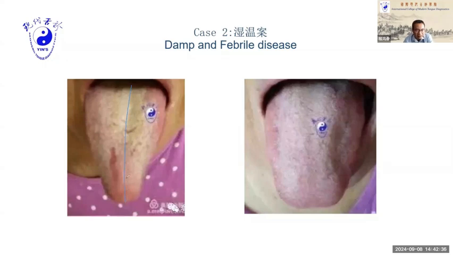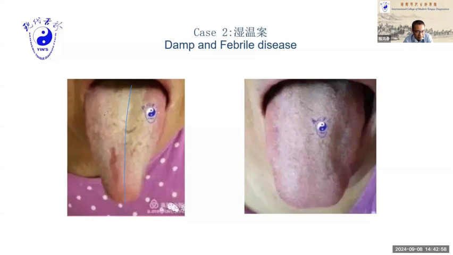Through the tongue midline, we can easily see that the left half is smaller than the right half. So we know this is a lung problem, because the right side is bigger.